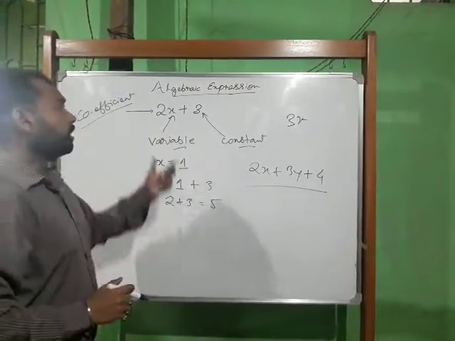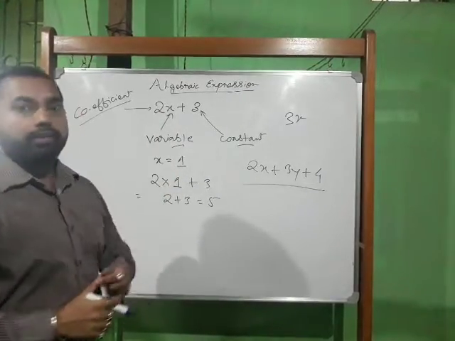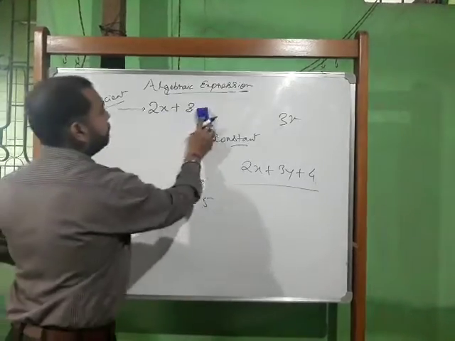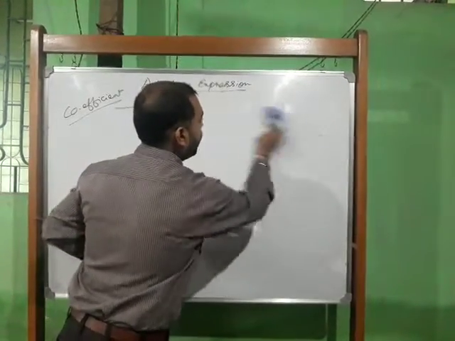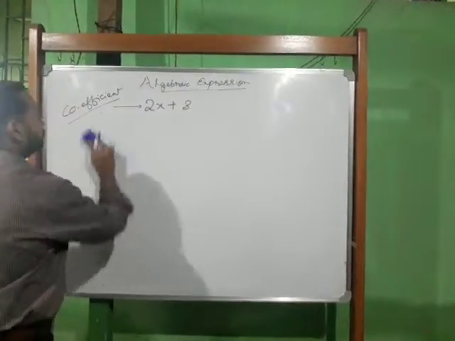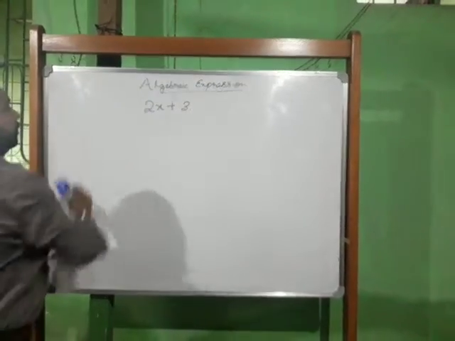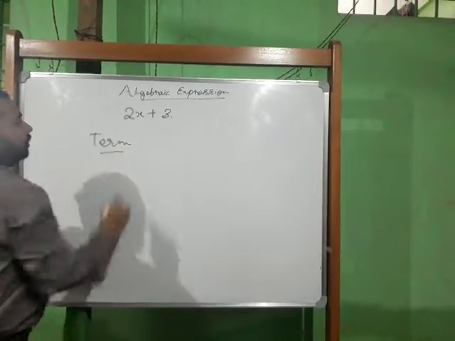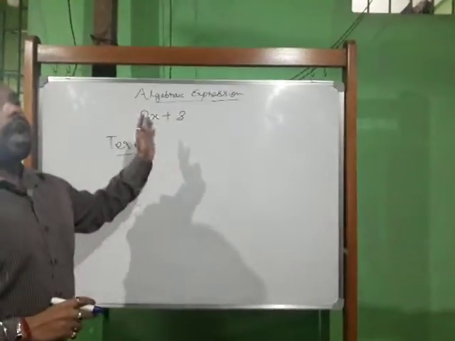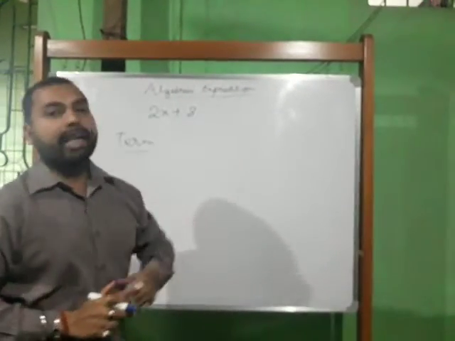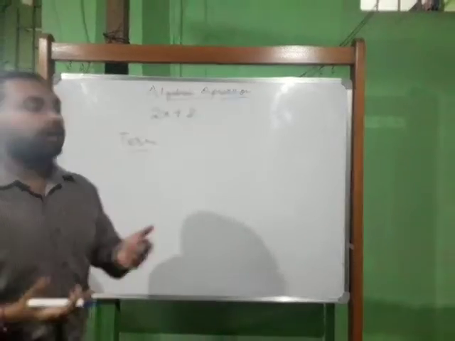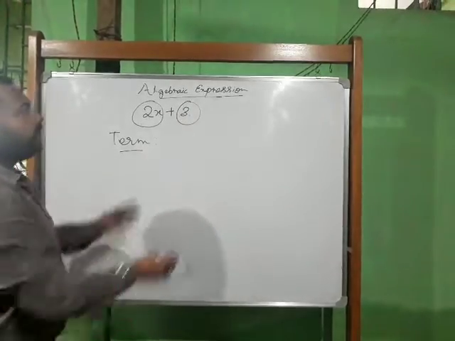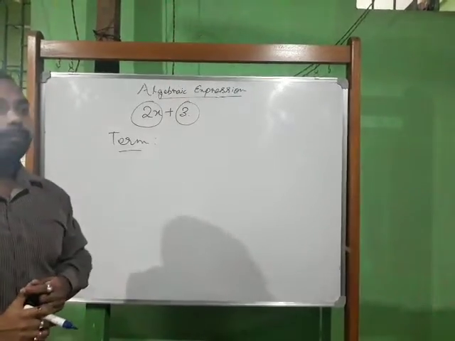Let me talk about what is term and what are factors. Taking this example only, let me explain. Terms added together make an algebraic expression. This is one term, this is another term. These two terms combine to form this algebraic expression.